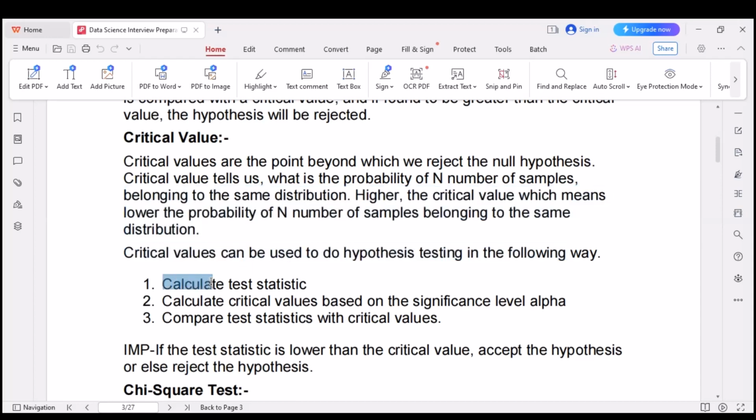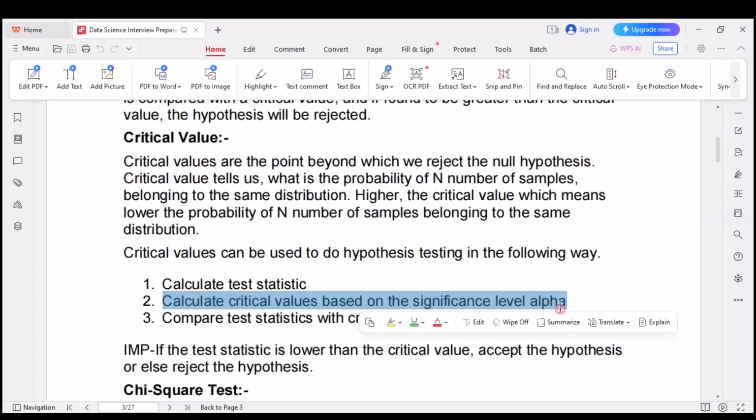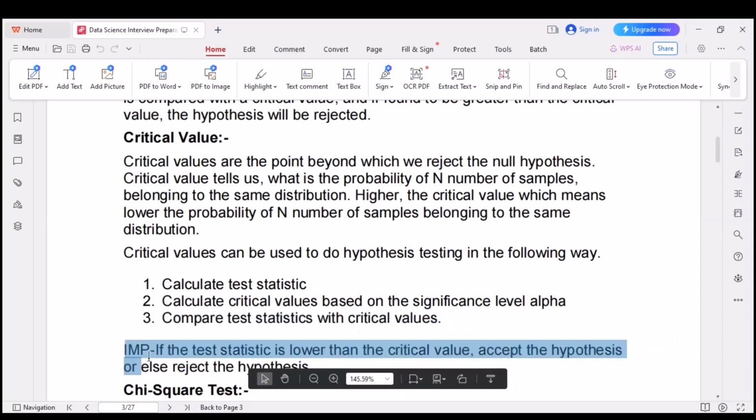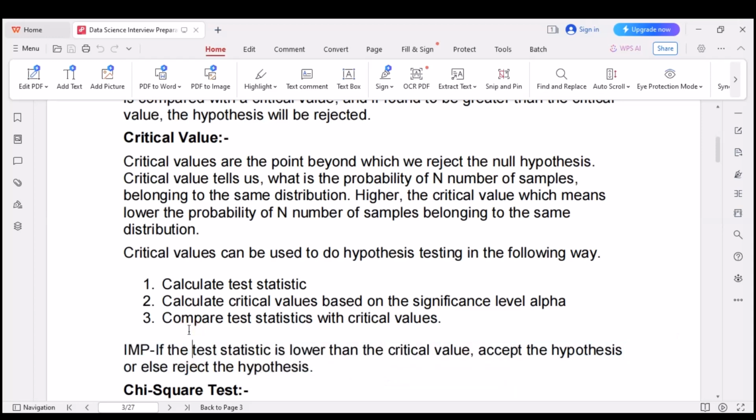You calculate the test statistic. You calculate the critical values based on the significance level alpha. Then you compare the test statistic with the critical values. So the important point is, if the test statistic is lower than the critical value, you accept the hypothesis, or else reject the hypothesis.